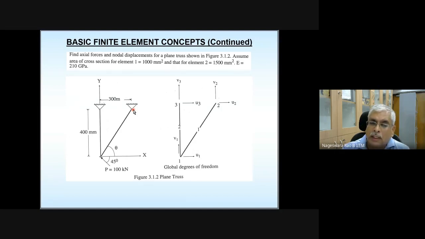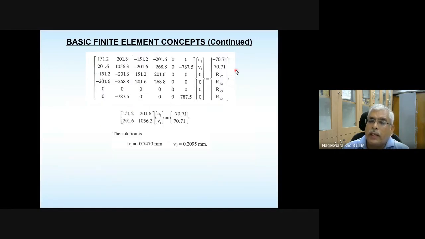In such a situation, where your displacement boundary conditions are 0, to get the reduced equation system you need to identify the locations to delete. Here it is, let's say, 3. So you need to eliminate the third row, third column.